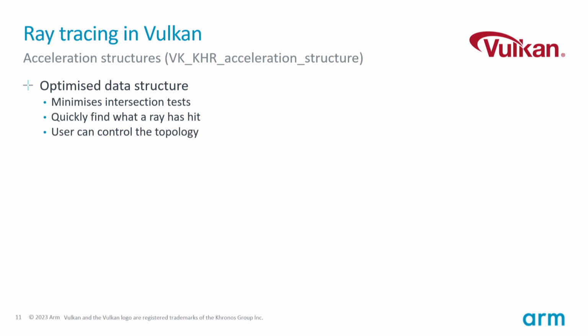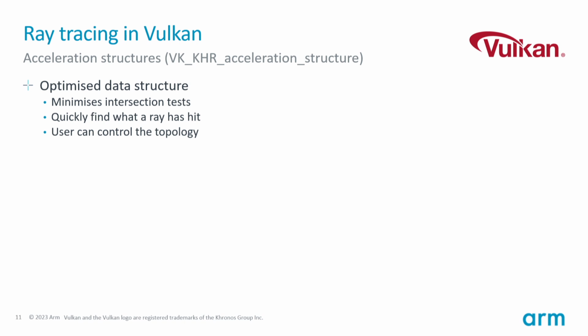We need to use the VK_KHR_acceleration_structure extension. The actual structure is opaque and defined by the GPU vendor, but it's usually a kind of tree, and the API gives us some options to control the topology and keep it balanced.